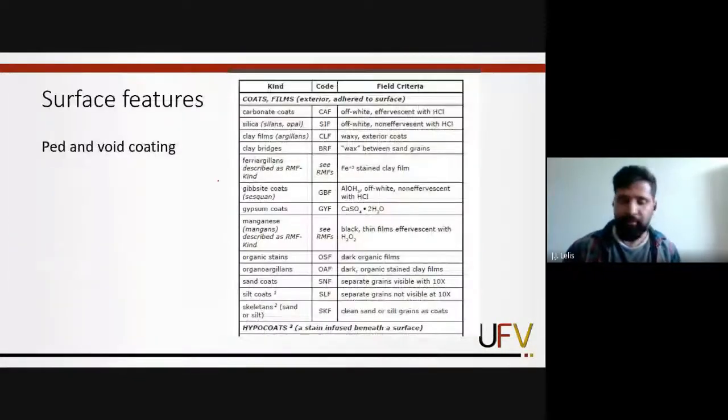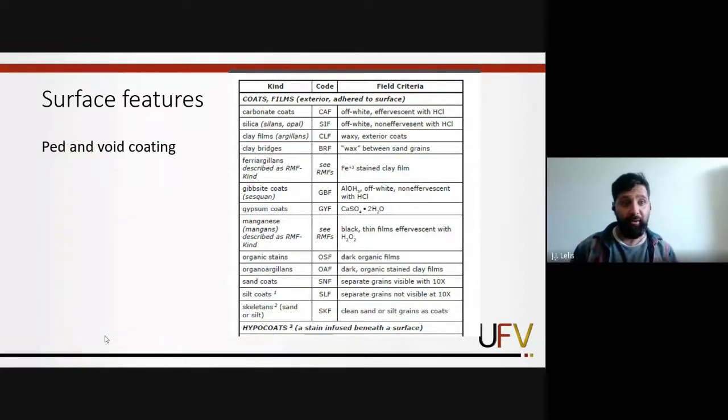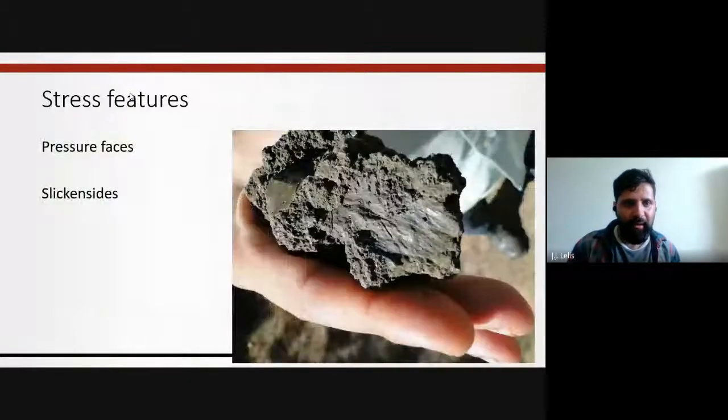and bed and void coatings are formed by illuviation of water and clay. And this clay could be organic clay or inorganic clay. Okay, they are very different conditions, but all of them are surface features. Okay, let me see.